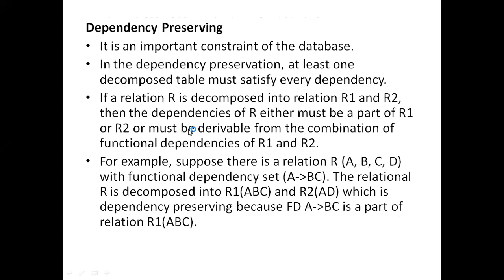Next, dependency preserving in the lossless join decomposition subtopic. What is dependency preserving? It is an important constraint of a database. Independently, at least one decomposed table must satisfy every dependency. Just now I said, if we have functional dependencies, meaning one column depends on another column, like student name depends on student roll number, because in colleges student information is stored with the help of roll numbers only.